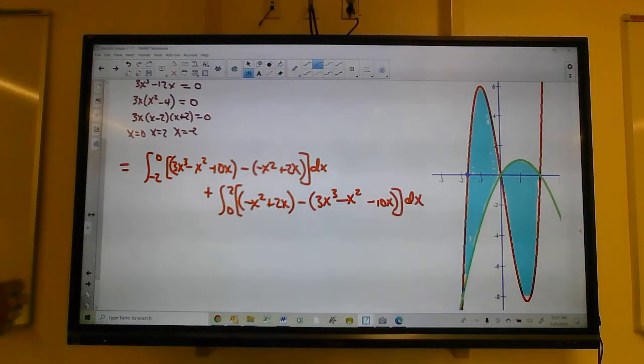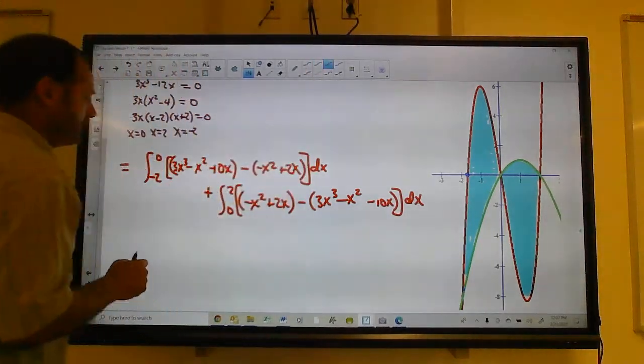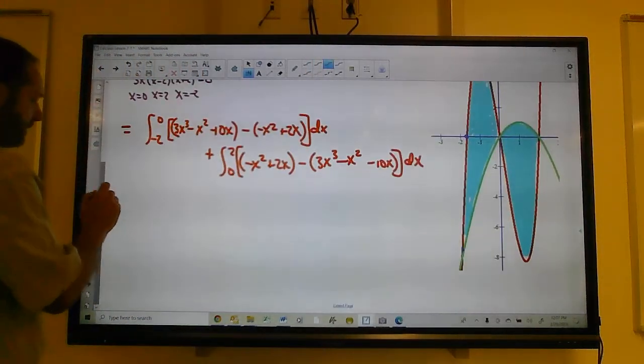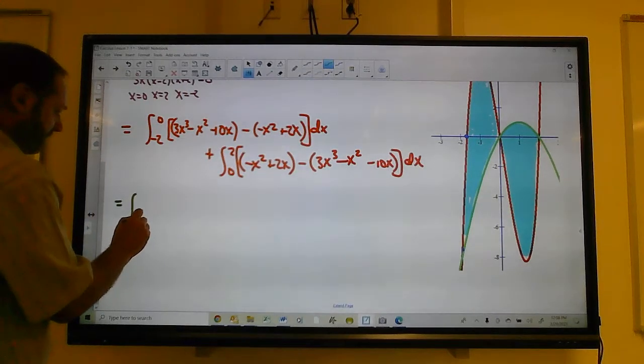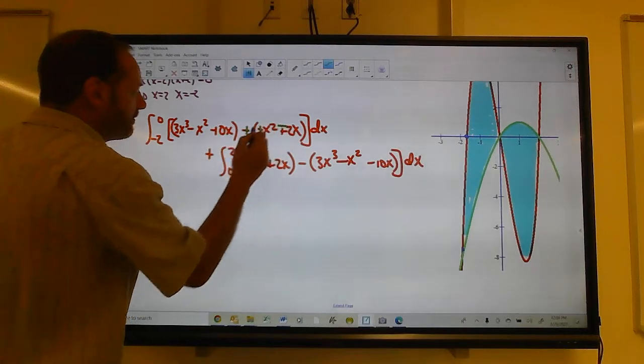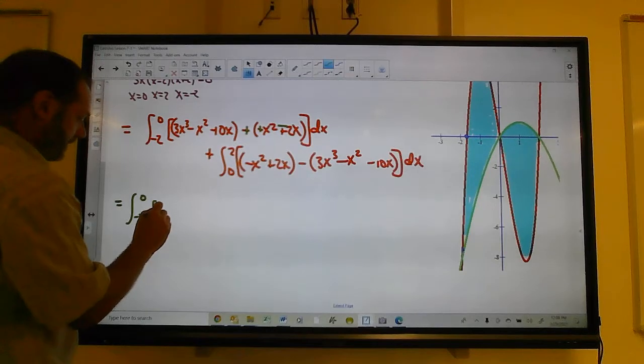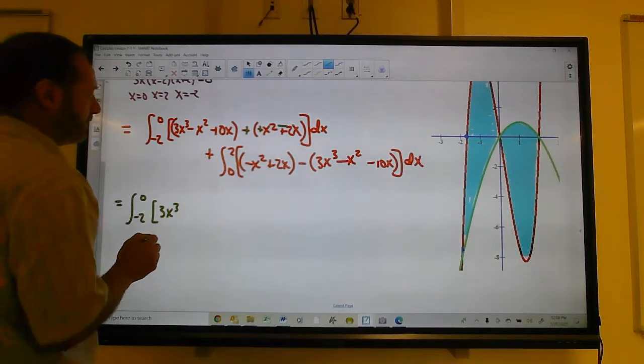Okay. So now we got to do a little bit of algebra here. So integral from negative 2 to 0. Let's do this, plus, plus, minus. So we've got 3x cubed.